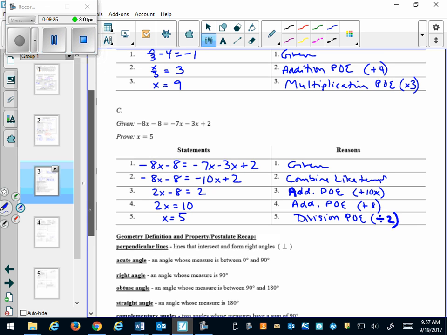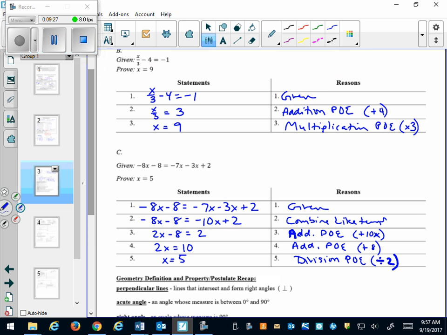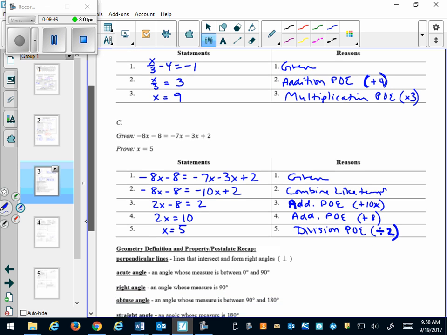Okay, so if you just want to check your proofs here, notice the first reason is always given. Everything's justified. I put these little plus 4, that just means I added 4. That was my addition. So I did that here just so you can see and follow along, but you don't have to put that in your proofs.